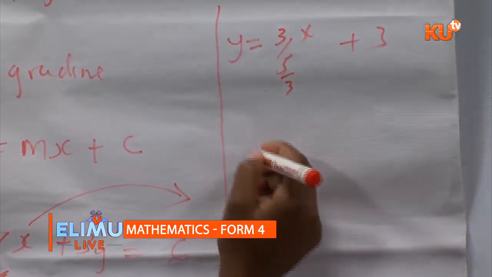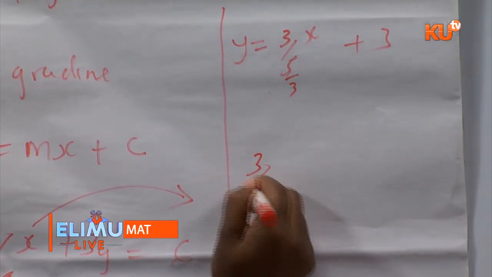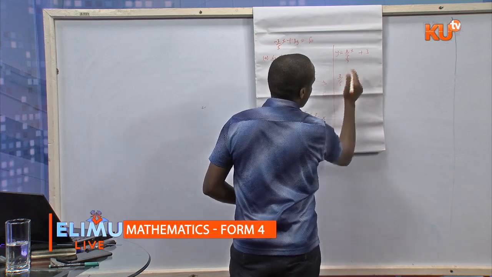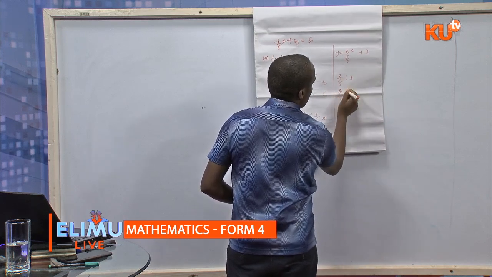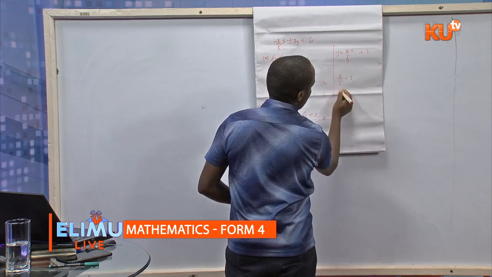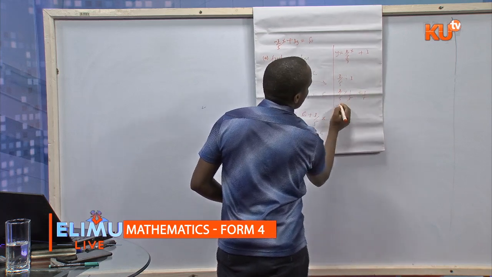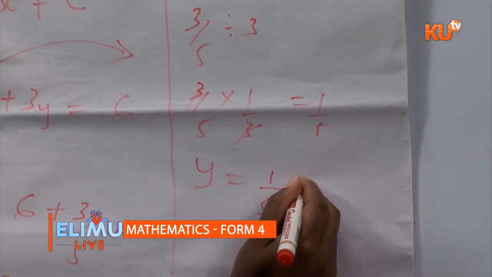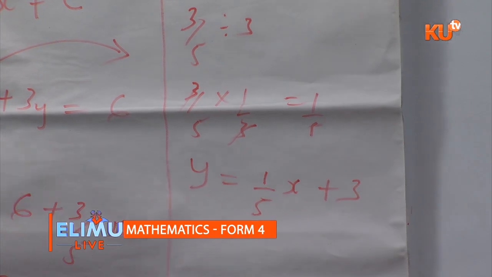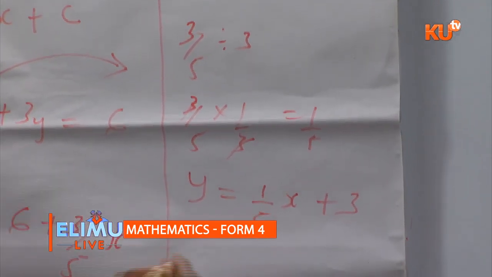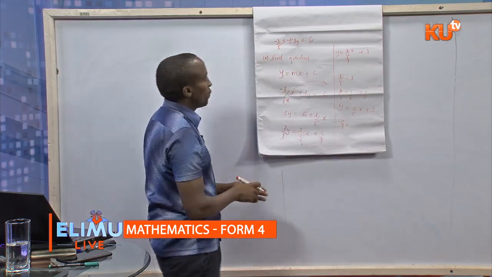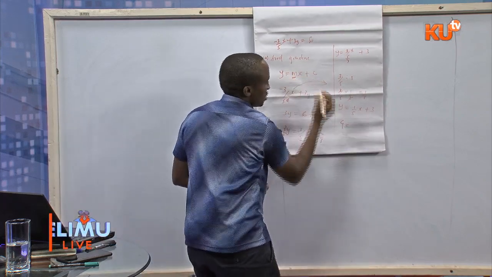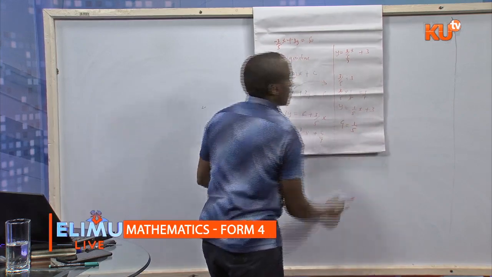Dividing by 3 means multiplying by the reciprocal, so you get a fifth. So our y is equal to a fifth x plus 3. We know the general equation is y = mx + c, and m represents the gradient. So our gradient is a fifth.